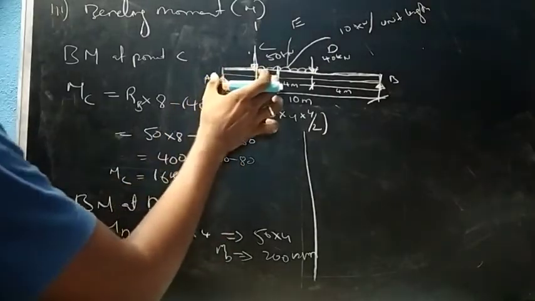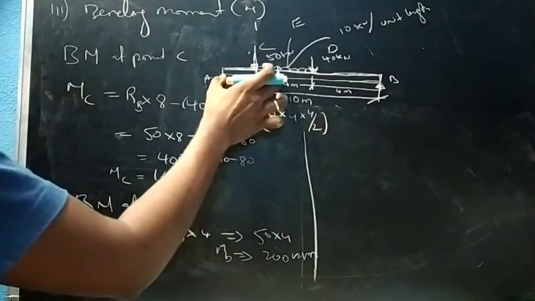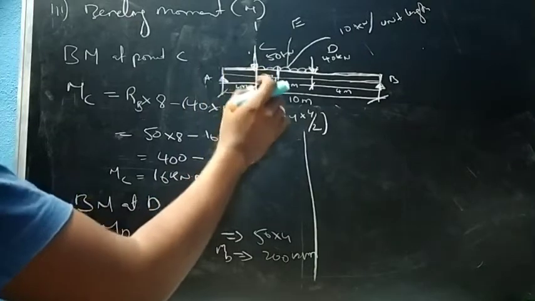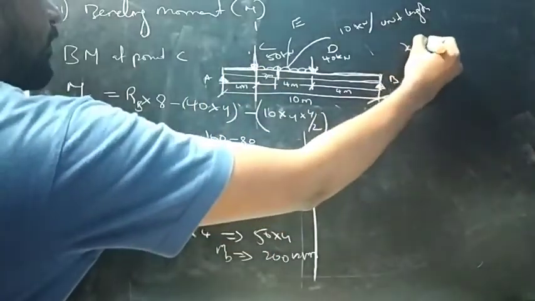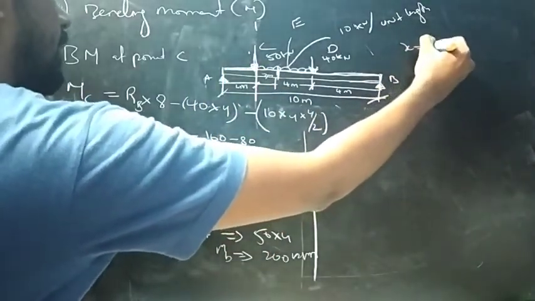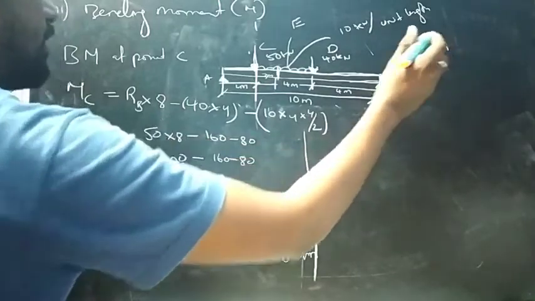We know that at E we calculated the shear force and the distance, and we got the x value, that is 3 meters, right, 3 meters.